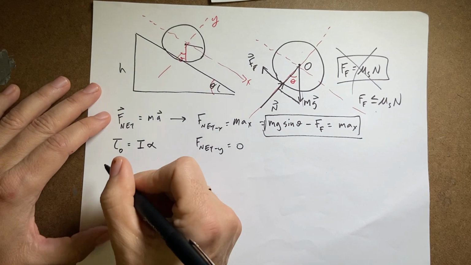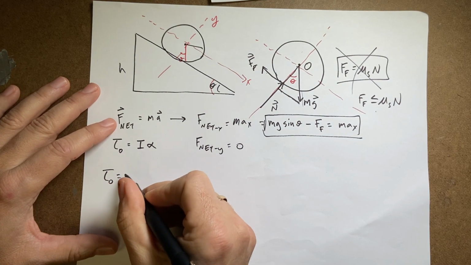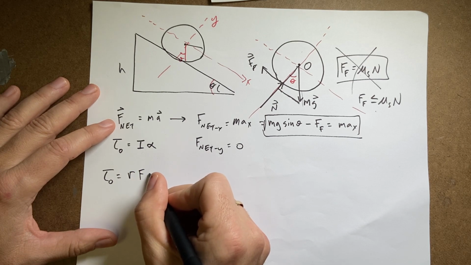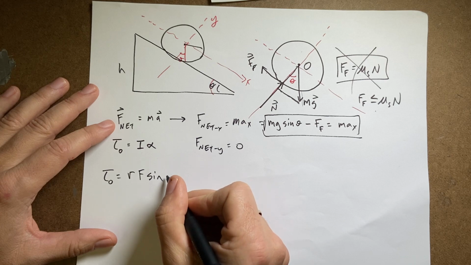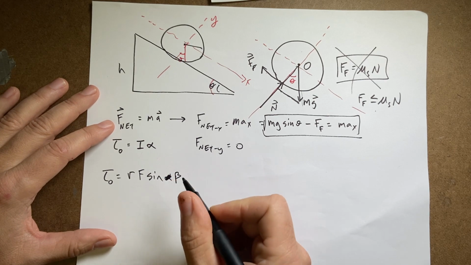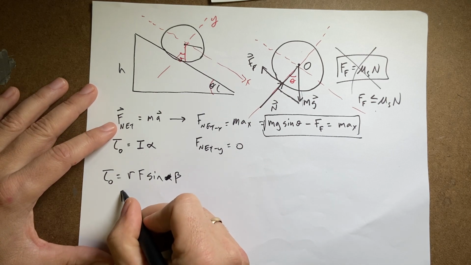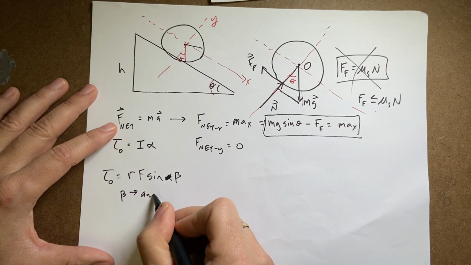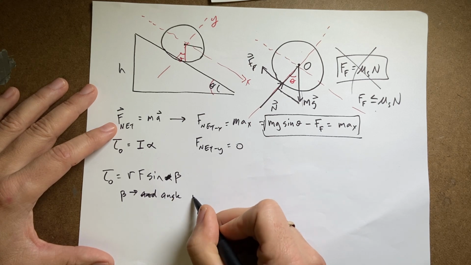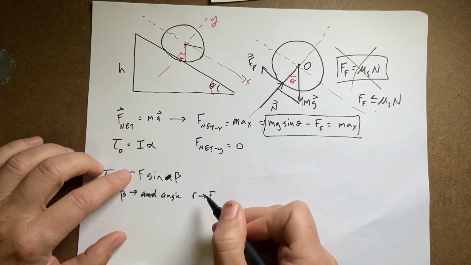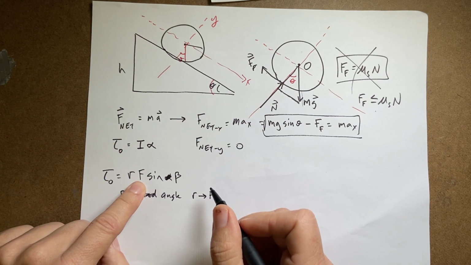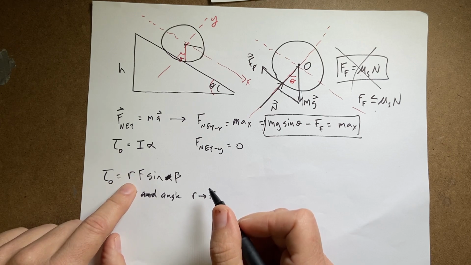And torque is defined as R times F times sine of beta, where beta is the angle between R and F. And R is a vector from the point of rotation to the contact point. We call that the torque arm.